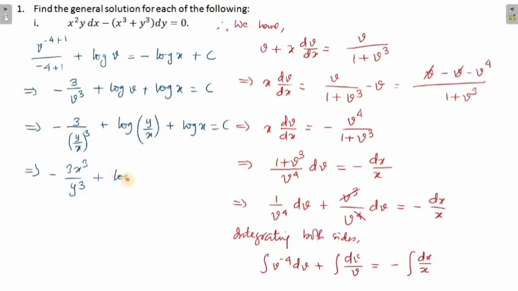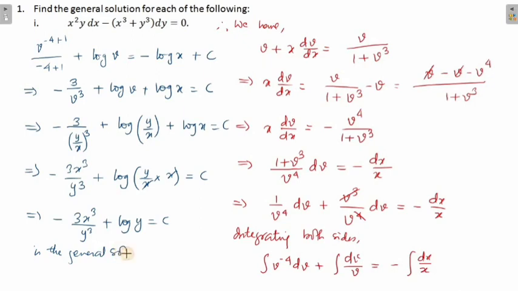So if I combine them, you get log of a into b equal to c. Here also these two get cancelled. So your final answer turns out to be minus 3x cube by y cube plus log y is equal to c. So this is the general solution of the given differential equation.